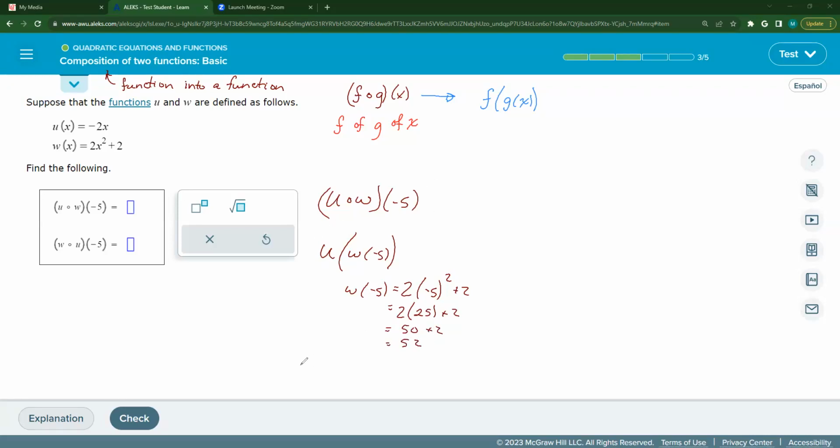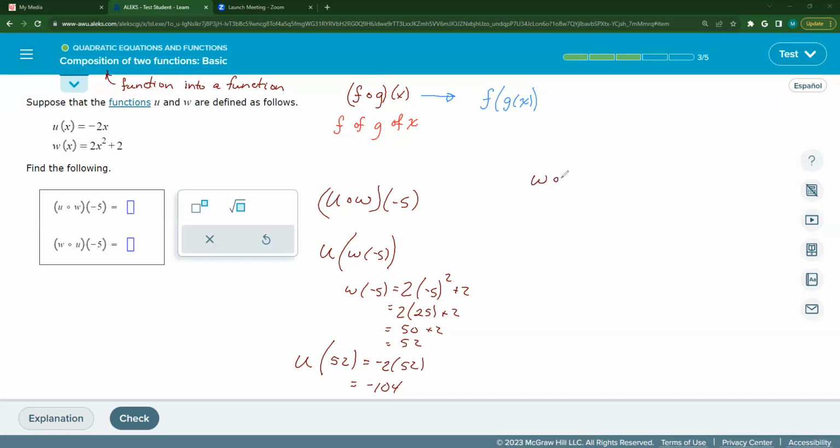So then going outwards is going to be U of 52. To do that, I'm going to have -2 times 52. This seems big, but we're going to trust it. -104. That seems really big, but we'll trust that we didn't do something creative.